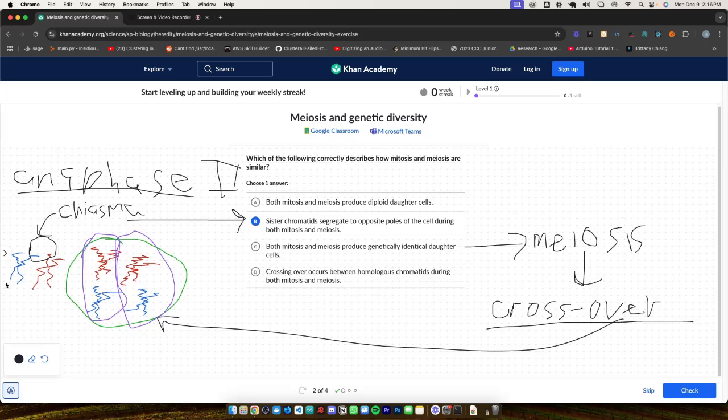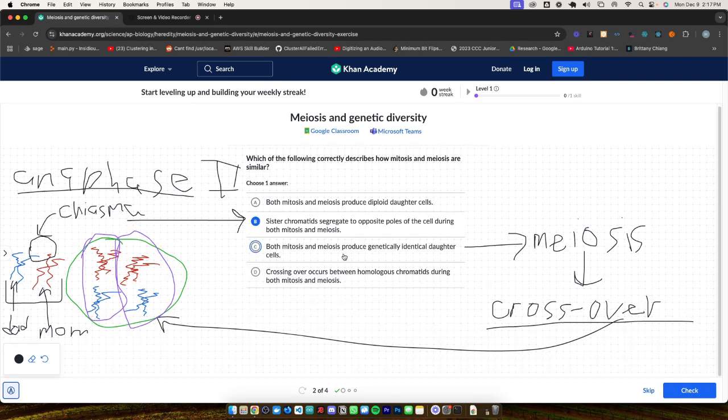It's always going to happen where the chromosomes are in homologous pairs like this, where you have one chromosome from dad and one that came from mom. But again, the whole idea is that this process is randomized, so you're not going to have genetically identical cells, because their genetic information is being mixed up.